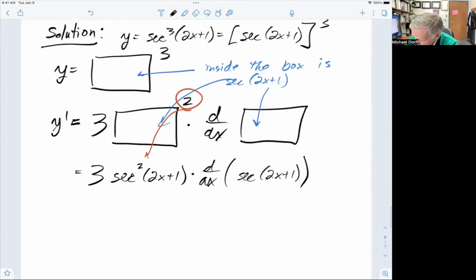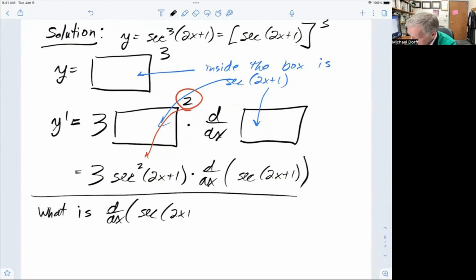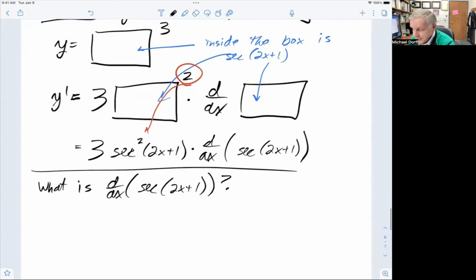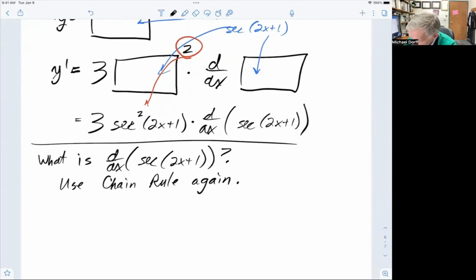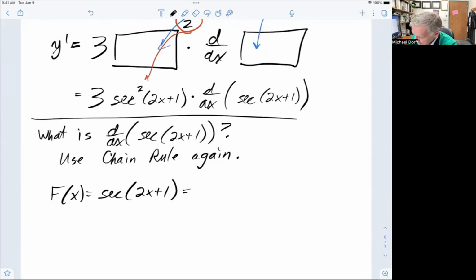Now, what makes this problem a little bit more difficult is that for the derivative of that secant 2x plus 1, I'm going to have to do the chain rule again, a second time. So I'm going to call this capital F of x equal to secant of 2x plus 1. That can be written as the secant of box.